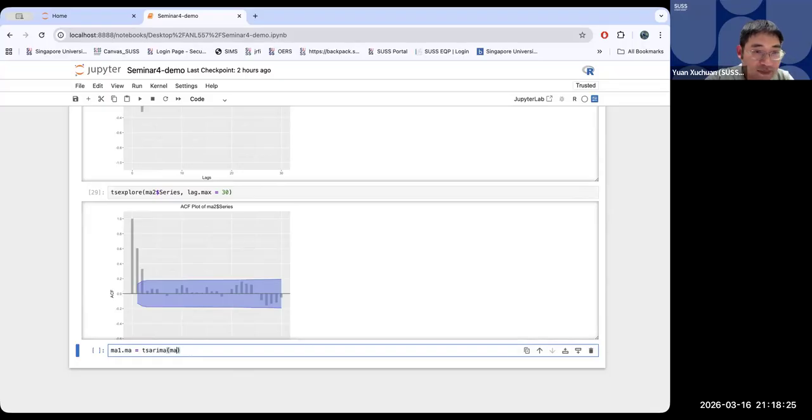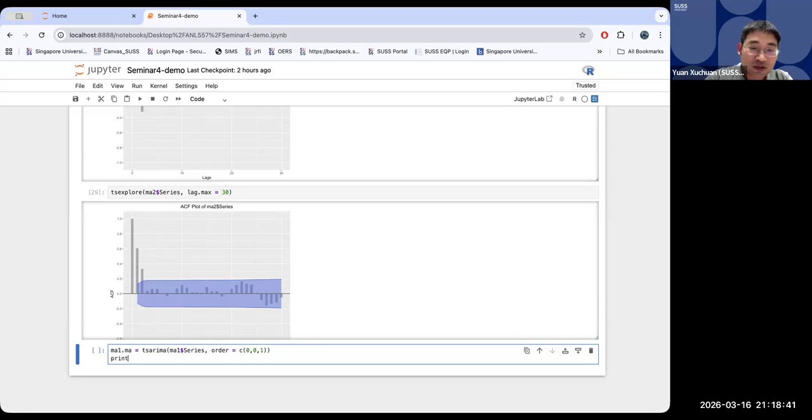And your data, the MA1 series, and order, okay, order equals c(0,0,1), okay. So we will use the MA1 model. So let's look at the MA1 model, okay? The fitted MA1 model for this time series.